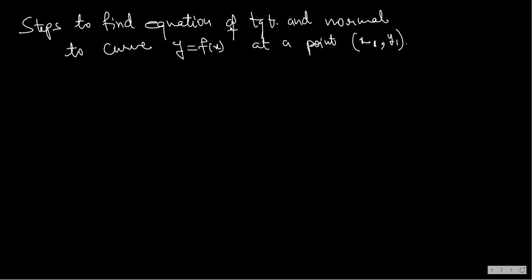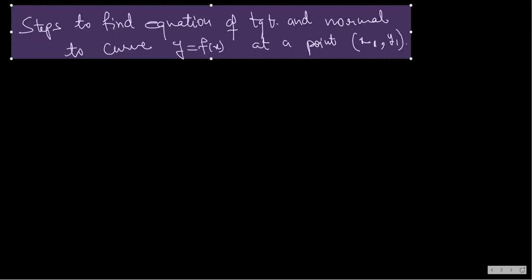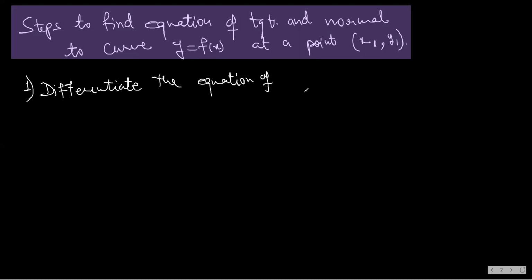Okay, so let us start writing the steps. Step number 1. What will you do? Differentiate the equation of the curve to obtain dy by dx equals f dash x.